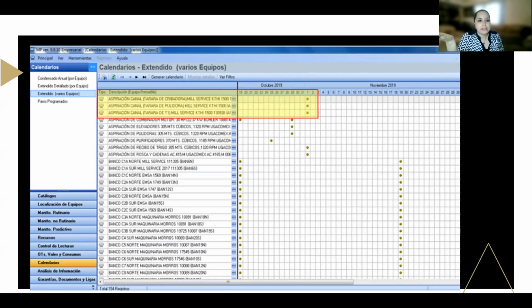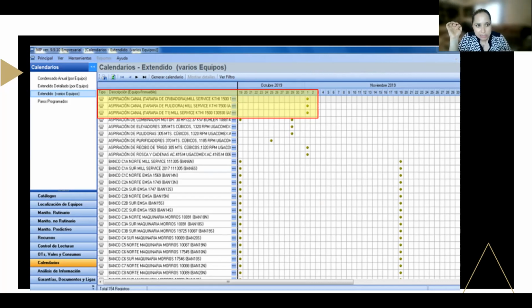Big difference. Instead of focusing your audience on the whole picture, focus the audience over there. Oh, so we're gonna do the aspiración de canal on this data, on this day. So it's like, okay, we're focusing on that one, just that.